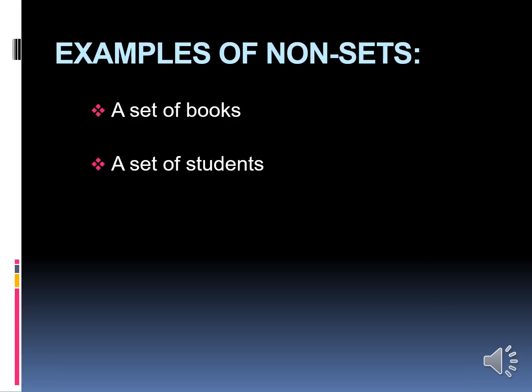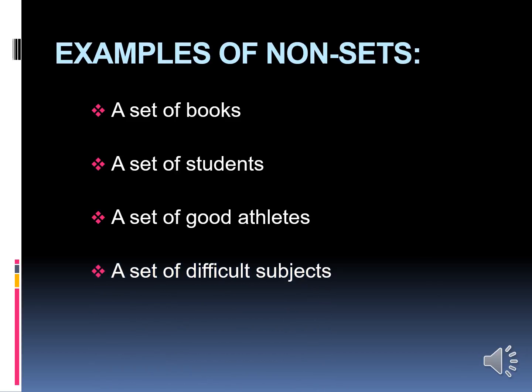What do you mean by students? Students from where? Another is a set of good athletes, a set of difficult subjects, a set of tall students in a class, because it has something to do with your own perception.